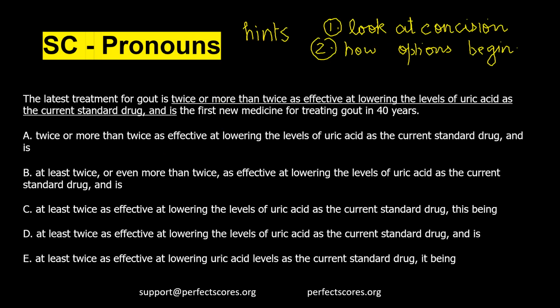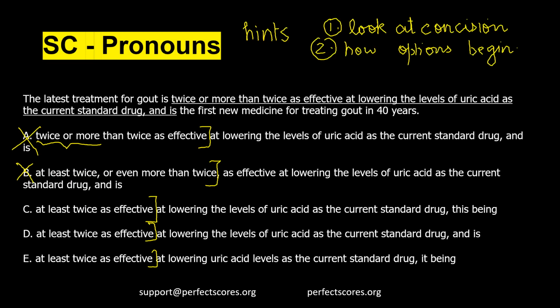These both hints refer to the difference between these parts versus these parts. So you can see C, D, and E are definitely more concise and they give you the same meaning. A, you can simply just say at least twice. There's no need to say twice or more than twice. And B is anyways complicating it unnecessarily. So A and B are gone because they are just simply wordy.